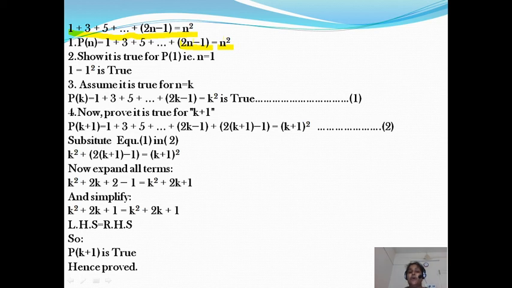So put 1 there. 2 into 1 minus 1 is equal to 1, and n square, that is 1 square, is equal to 1. So P of 1 is true.